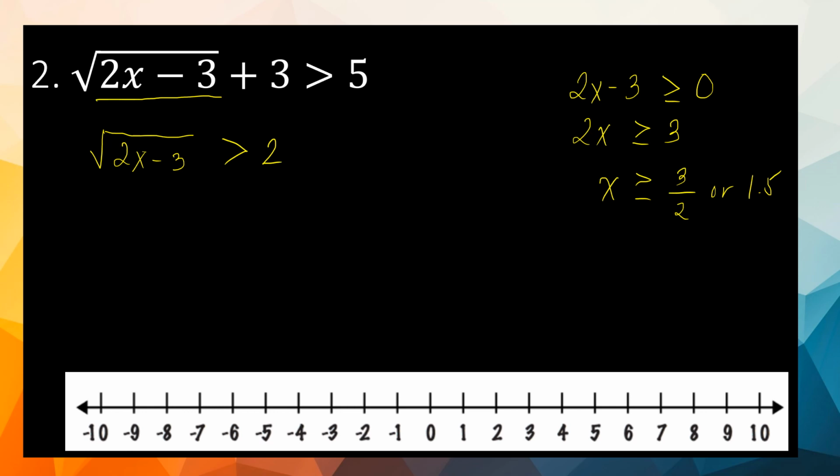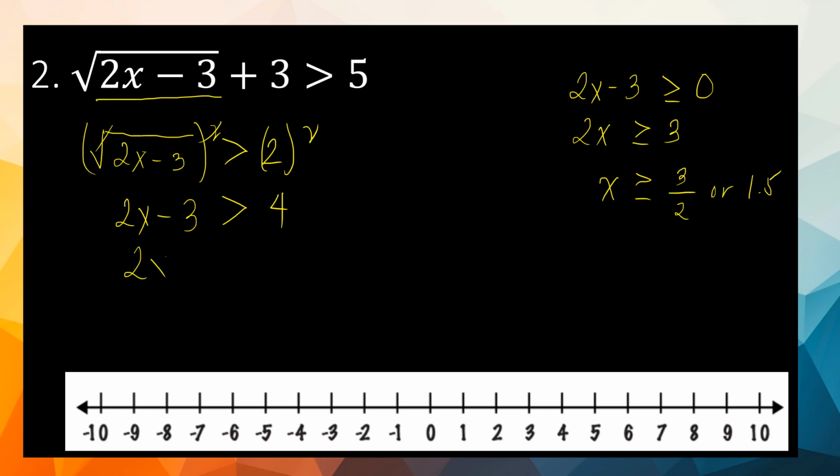Now to cancel out your square root here, we will square both sides. So we'll only have 2x minus 3 now is greater than 4. And then after that, let's solve for x.